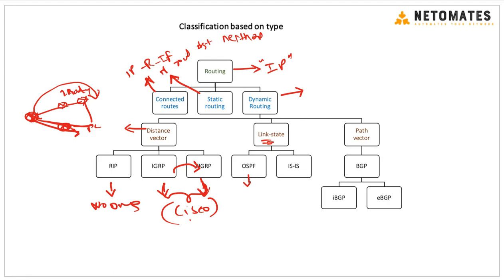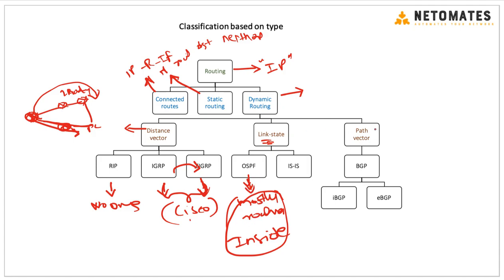OSPF is Open Shortest Path First. This is mostly used routing protocol inside organizations. If you have offices and data centers, internally you will run this protocol to route packets within your network.